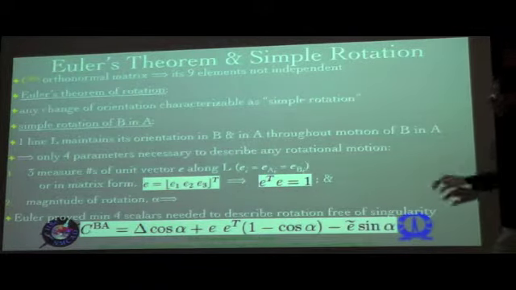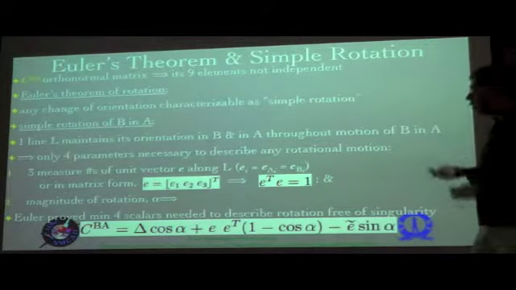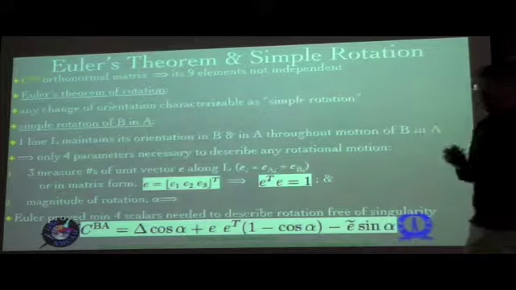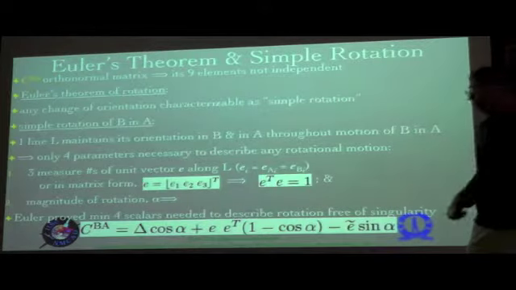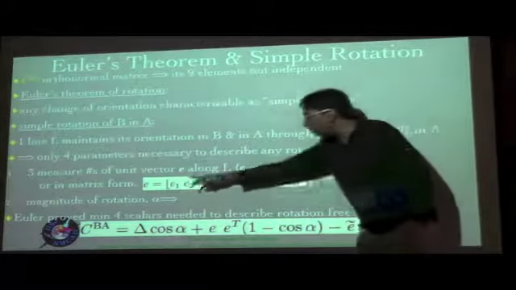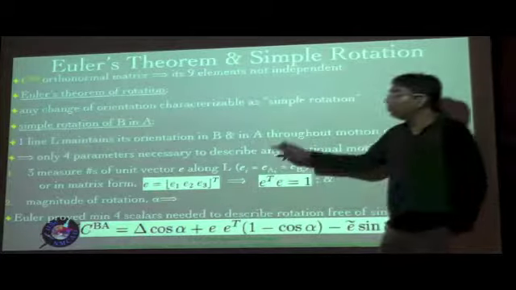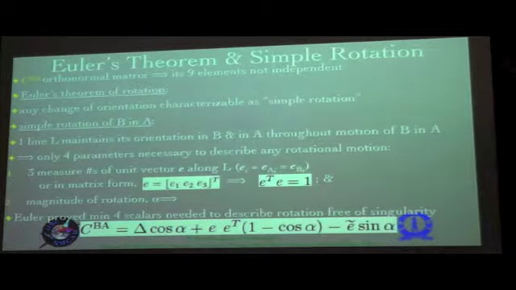So this gives an expression for the direction cosine matrix in terms of these 4 parameters, namely E1, E2, E3 and alpha. This is one way of expressing the rotation in terms of these 4 quantities, and then expressing the direction cosine matrix in terms of those 4 rotation parameters.